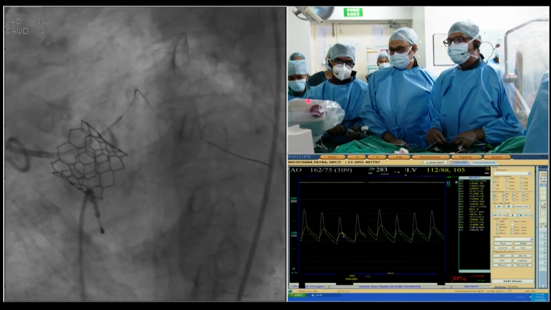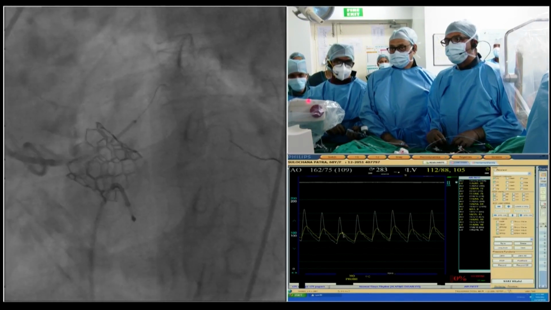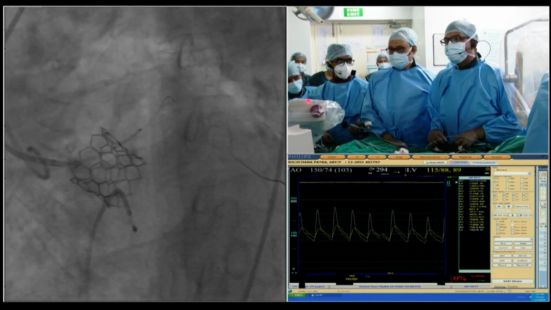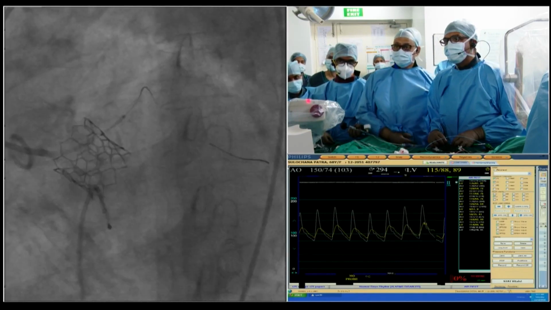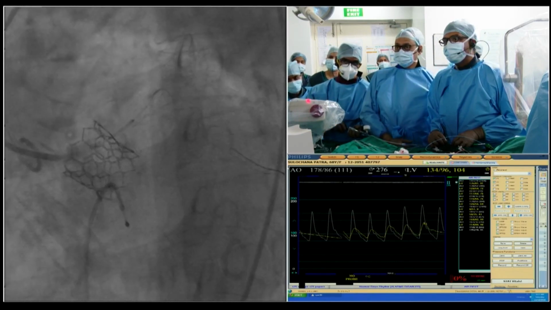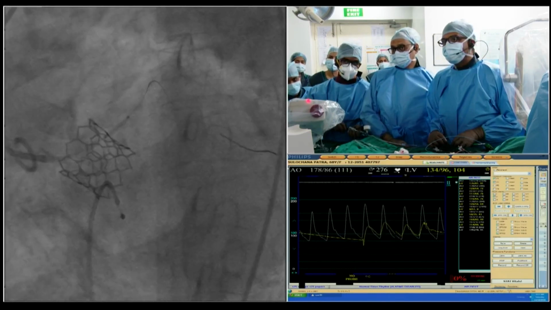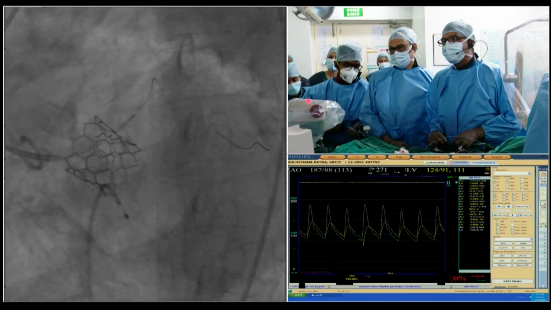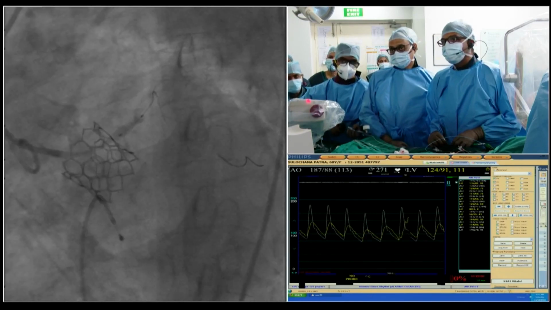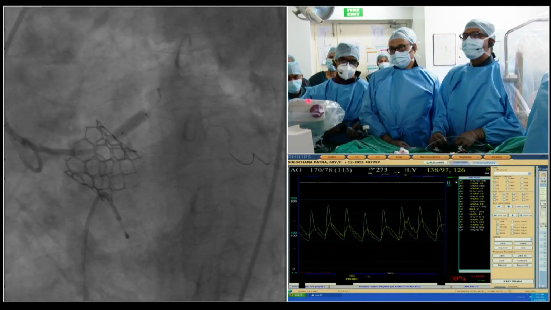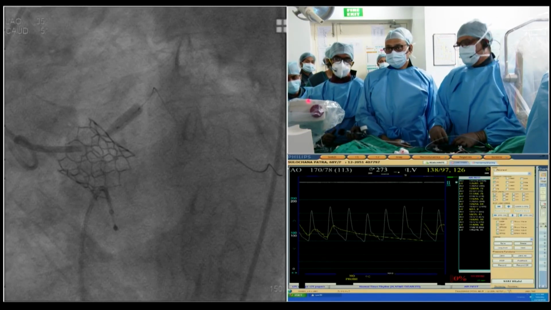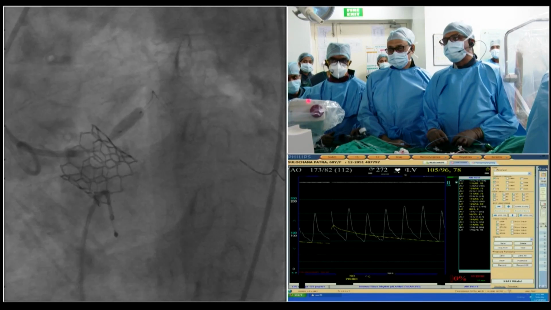Which stent is this? Zions is the one that we chose. Okay, go ahead. Okay, that's good, on the marker. Inflate. It went inside. Okay, down.